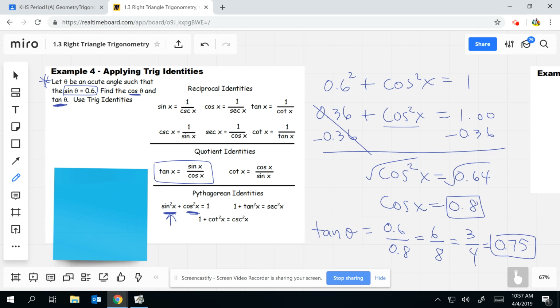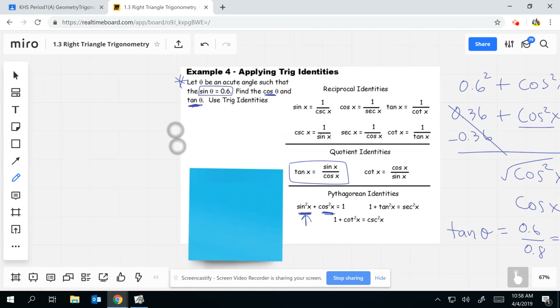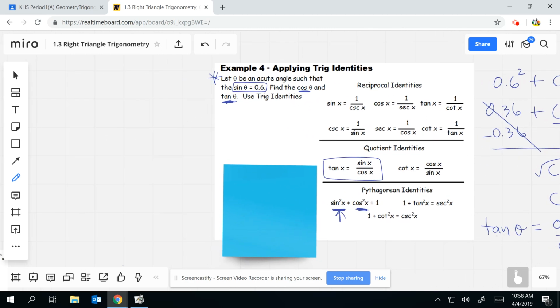Now that is not the only way you could have solved it. You could have drawn yourself a triangle. This sine is 0.6 really means that your opposite side is 0.6 and your hypotenuse is a 1, because your sine represents opposite over hypotenuse, and if 0.6 is your sine, then opposite over hypotenuse would be 0.6/1.